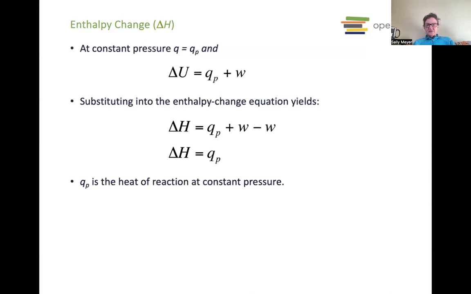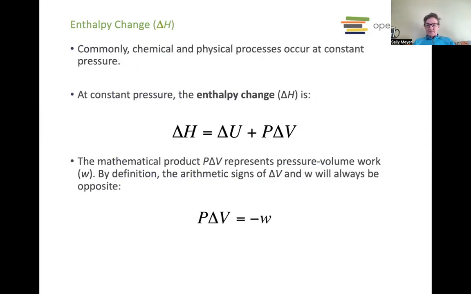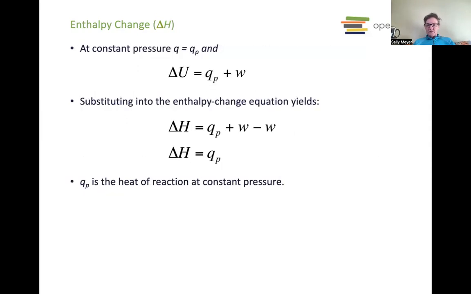So at constant pressure, Q equals QP. And we can see that because delta U equals QP plus work. If you substitute into the enthalpy change equation, we get delta H equals delta U plus P delta V, which is QP, the heat that's transferred at constant pressure, plus work, minus W, because we just said that P delta V is equal to minus work.